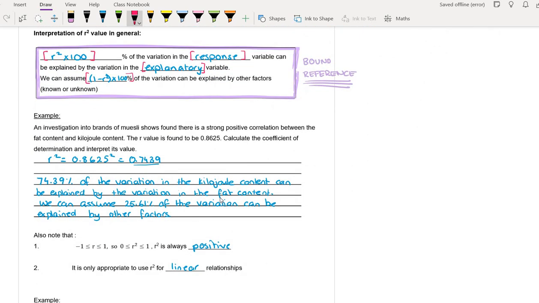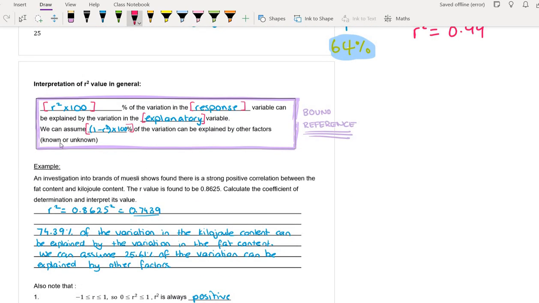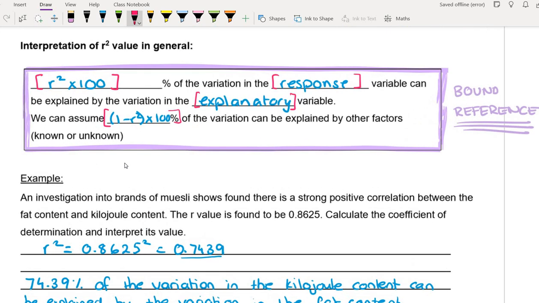Here is everything I've said so far put into a couple of sentences. If we find the R squared value and times it by 100 to turn it into a percentage, that percentage of the response variable can be explained by the explanatory variable.